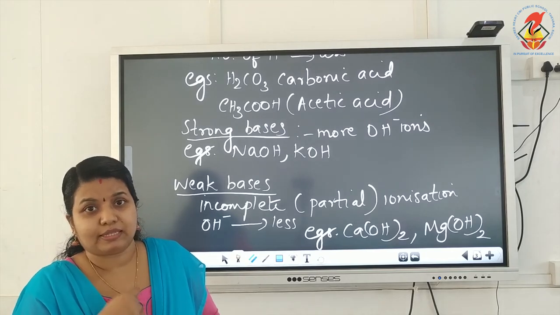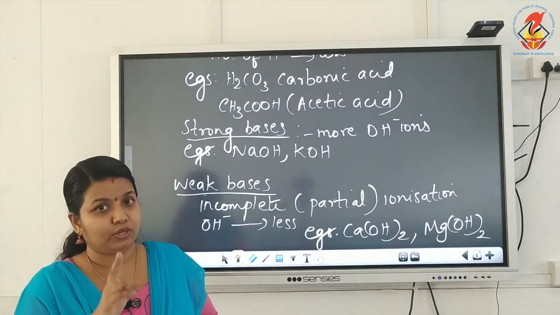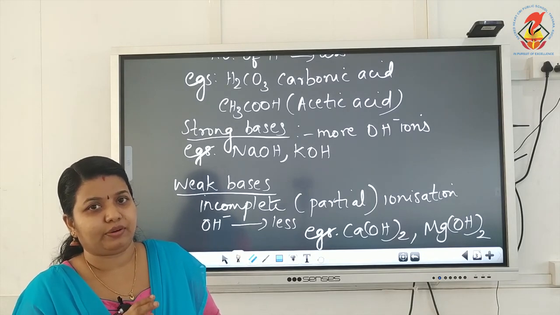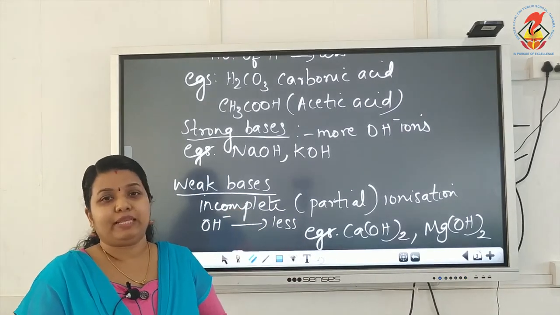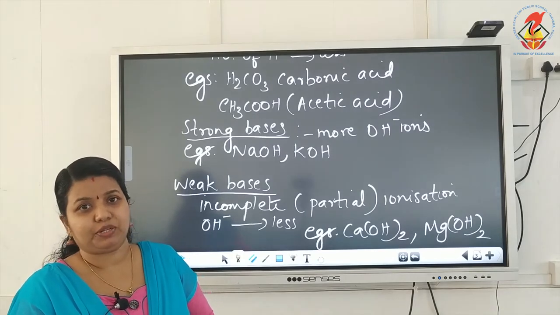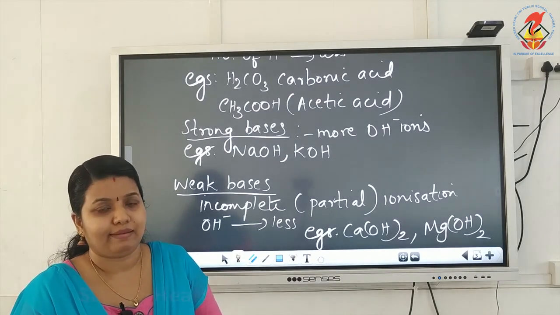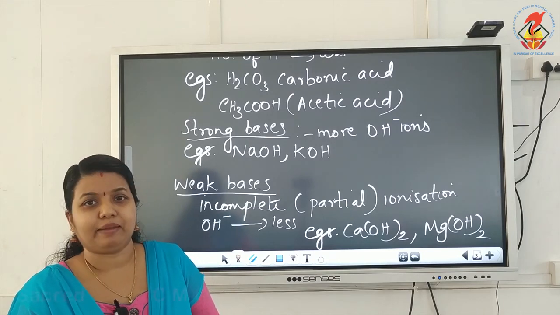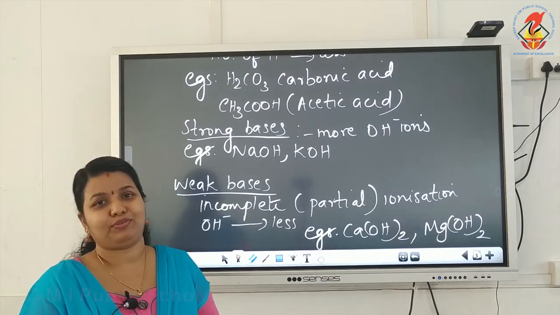Now strong bases, complete ionization to produce more number of hydroxide ions. There are only 2, KOH, potassium hydroxide and sodium hydroxide. Then weak bases, incomplete or partial ionization in presence of water, and the number of OH minus ions produced is less. Calcium hydroxide and magnesium hydroxide are examples. Okay. So that's all for today's class.